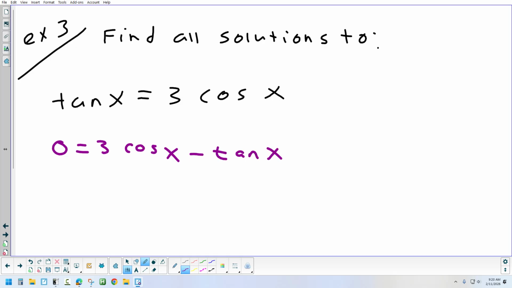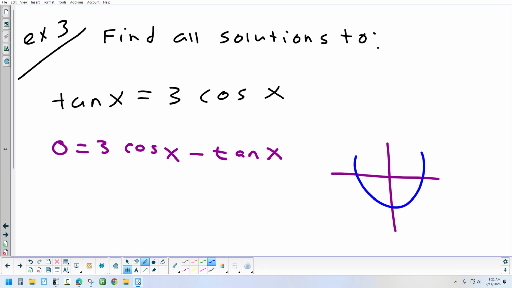Okay, and if you're wondering, well, why wouldn't it matter? Because if you had subtracted the 3 cosine x, then you would have had a negative 3 instead of a positive 3. Yes, it would change the picture of the graph, but it would not change any of the x-intercepts. It's kind of like if you had a parabola, just to give you a really simple example. If you put everything on one side, you might get a picture like that.